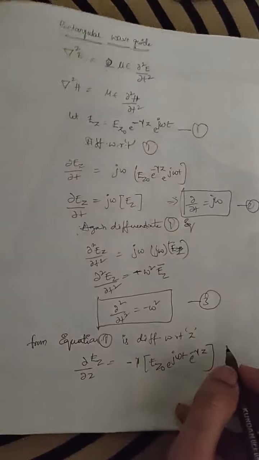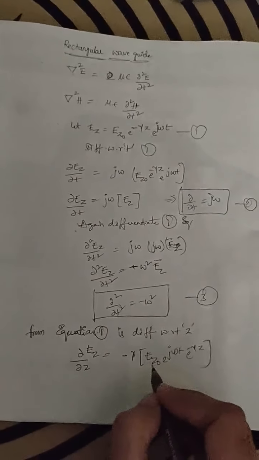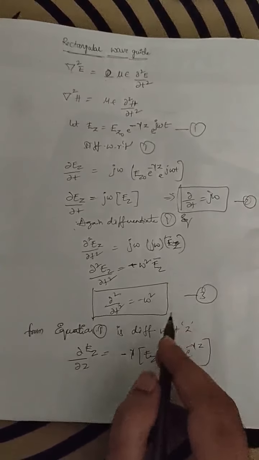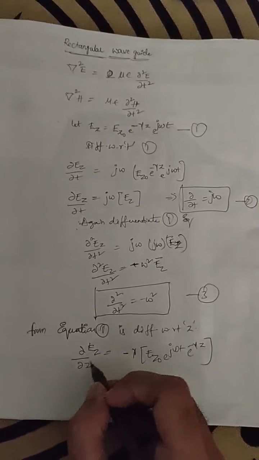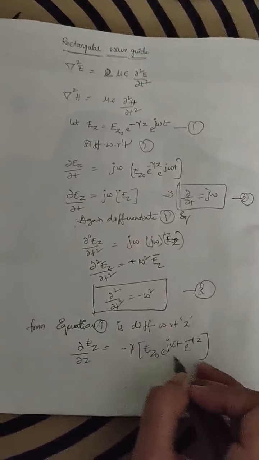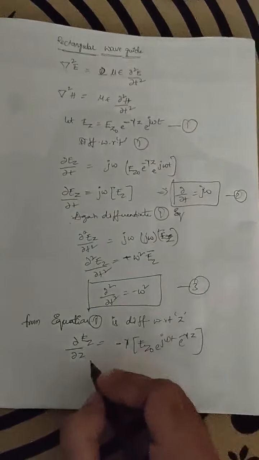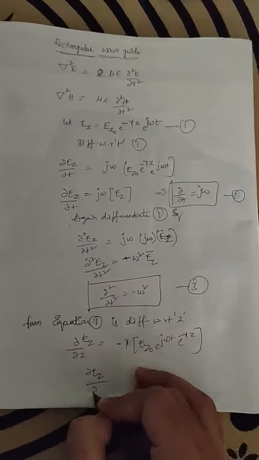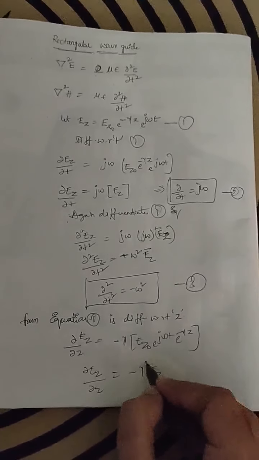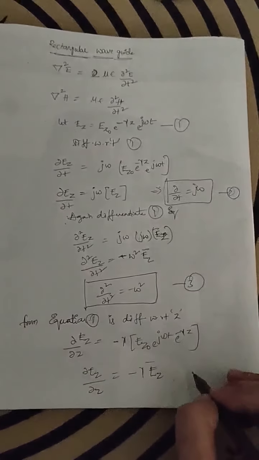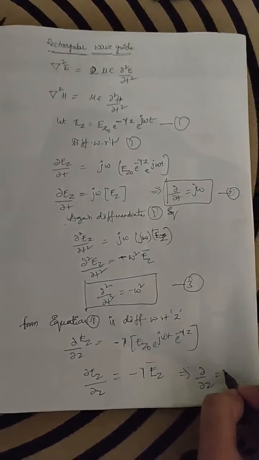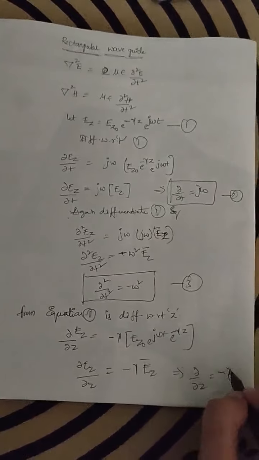Have you understood this? Differentiating with respect to z, you will get minus gamma. Comparing with that equation, dou Ez by dou z is nothing but minus gamma Ez. So from this equation, dou by dou z is nothing but minus gamma.